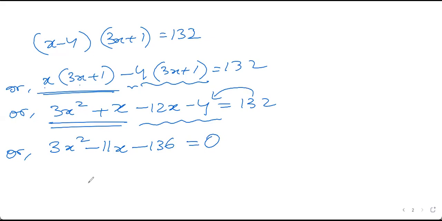Till here we will have to bring it. Then we will have a choice whether we want to factorize or complete the square or use the discriminant method, because discriminant method will always work. Factorization method may work, may not work, right?